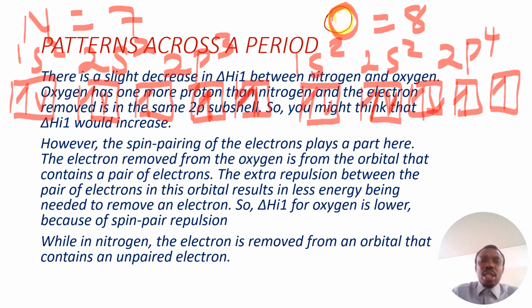While in nitrogen, the electron is removed from an orbital that contains an unpaired electron. So it is easier to remove an electron from a paired orbital as a result of spin pair repulsion compared to an unpaired orbital. So that is why the first ionization energy of oxygen is lower than that of nitrogen, and the first ionization energy of nitrogen is higher than that of oxygen.